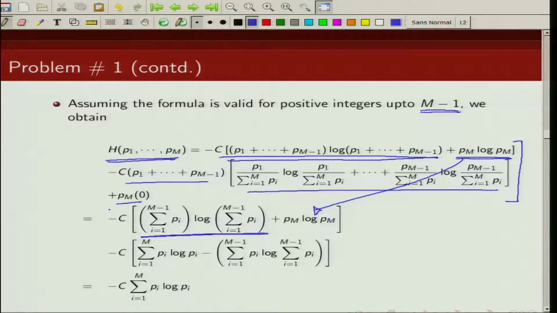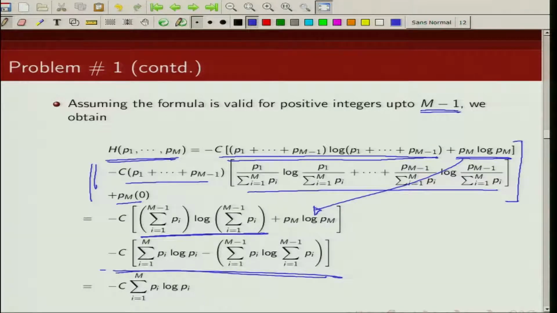So if you look at this term, essentially what we are going to get is of the form, this will be some c times pi log of pi, and there will be some term minus summation pi log pi. So this term basically comes out to be this.